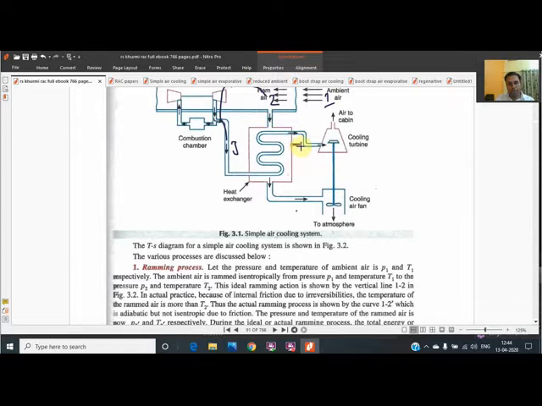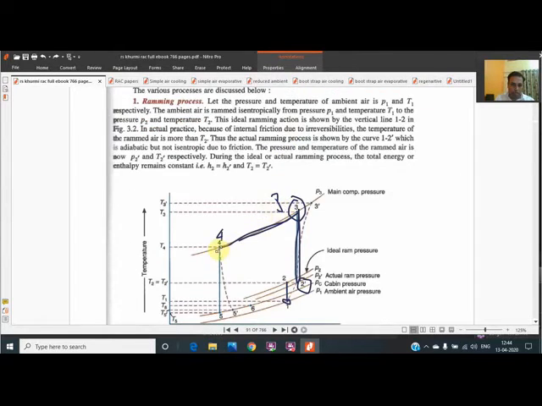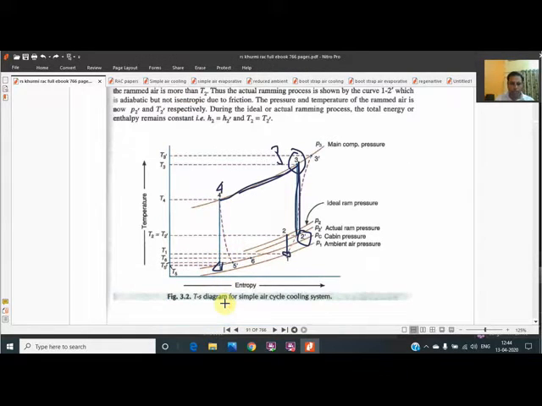And 4 to 5, they have shown the expansion process. In 4 to 5 they have expanded it. We have to expand to what limit? That is 1 bar pressure, so that passengers feel convenient in having this air. That is 4 to 5.